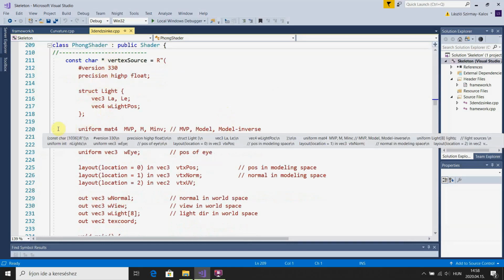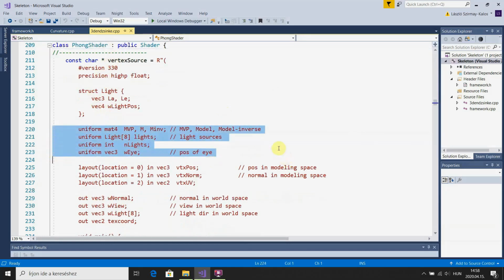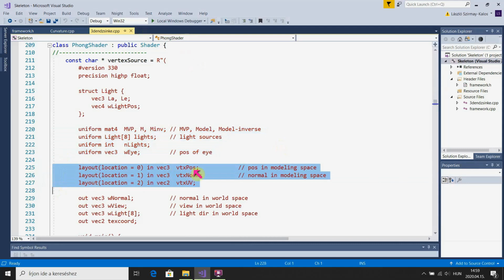Concerning the vertex shader, it has uniform parameters again, but these uniform parameters are used only to compute the vectors needed for illumination, including the normal vector, illumination directions for every light source, and the viewing direction. In the varying input, this vertex shader gets the position of the shaded vertex and the associated normal vector, and we also prepare for texturing, so we pass the UV or texture coordinates with the vertex as well.